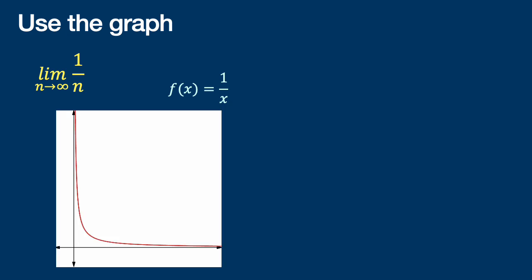Let's check the end behavior as x approaches infinity. The behavior of 1 over x is getting close to the x-axis, which means as x approaches infinity, 1 over x is close to 0. So we find the limit of 1 over n is also going to 0.